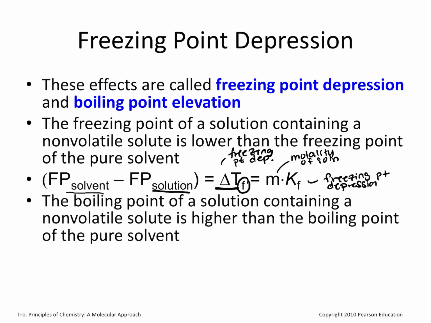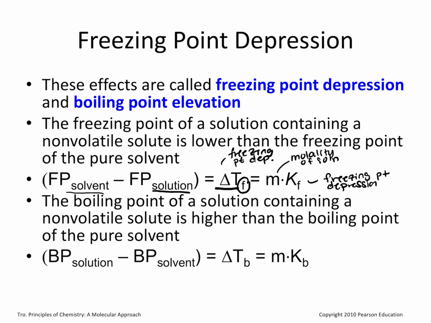The boiling point of a solution containing a non-volatile solute is higher. So again, if you have sodium chloride in water and you're trying to boil it, those ions are going to interfere with the gas particles at the surface escaping. That's why the vapor pressure is lower, which keeps them from escaping into the gas phase, needing higher temperatures to do so.